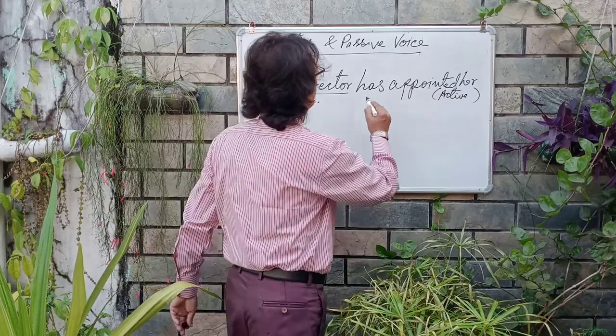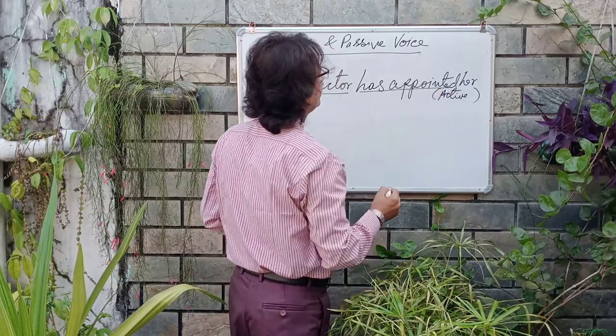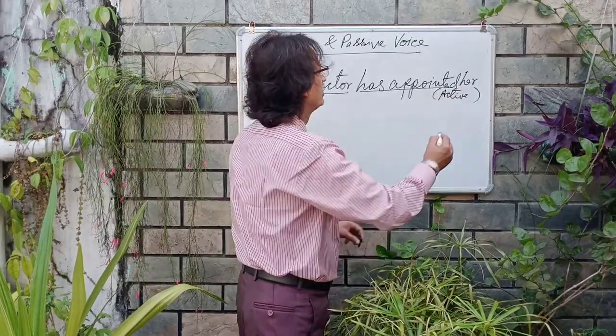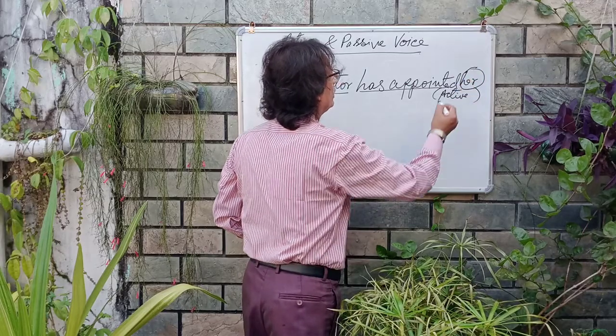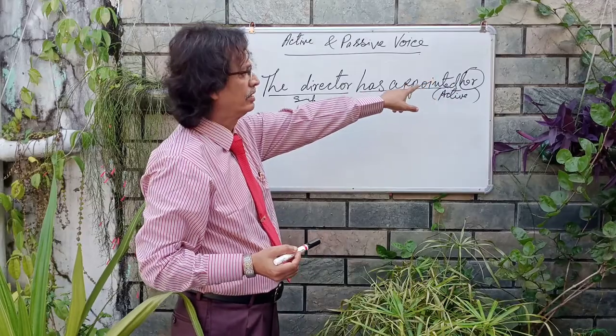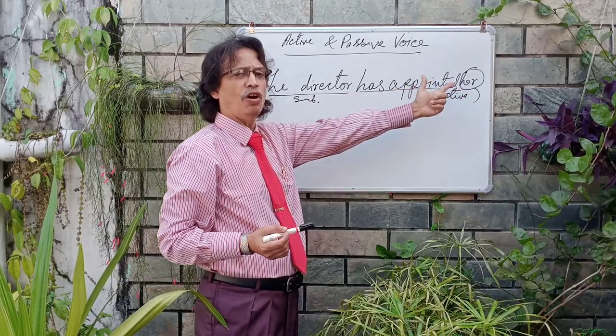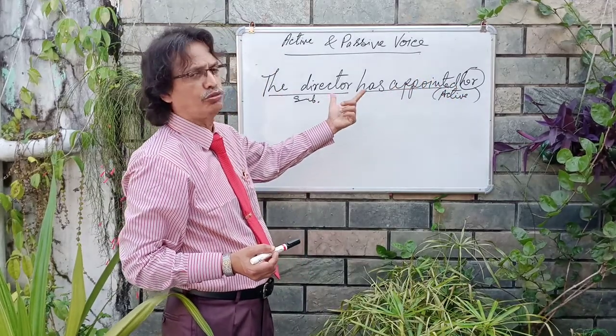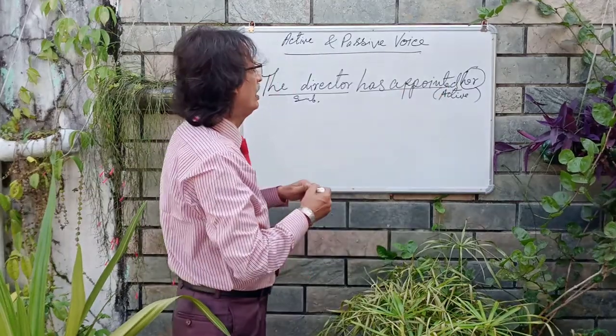Has appointed is a verb and her is the object. Now see, here her is accusative case. So in any case, when object has to take the place of subject, it has to change into nominative case. Her will become she.